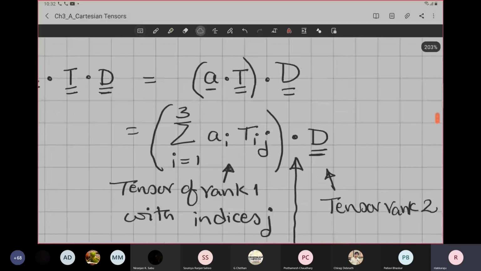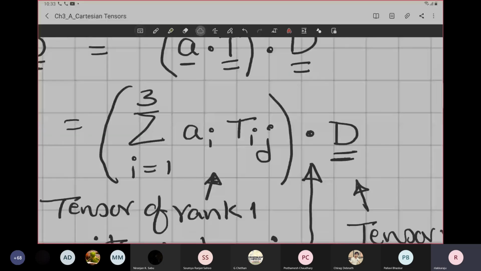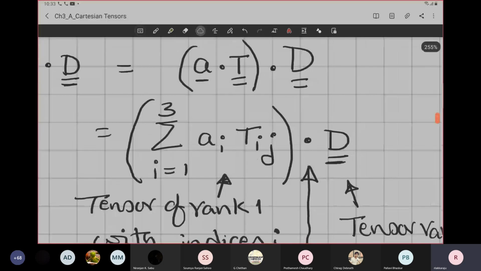A dot T. T is a second rank tensor. That means you will have indices I, J, where I varies from 1 to 3, J also varies from 1 to 3. And A has 3 indices. Because of the dot, A dot T means summation AI Tij, where A1 multiplied by T11 plus A1 multiplied by T12 and so on.